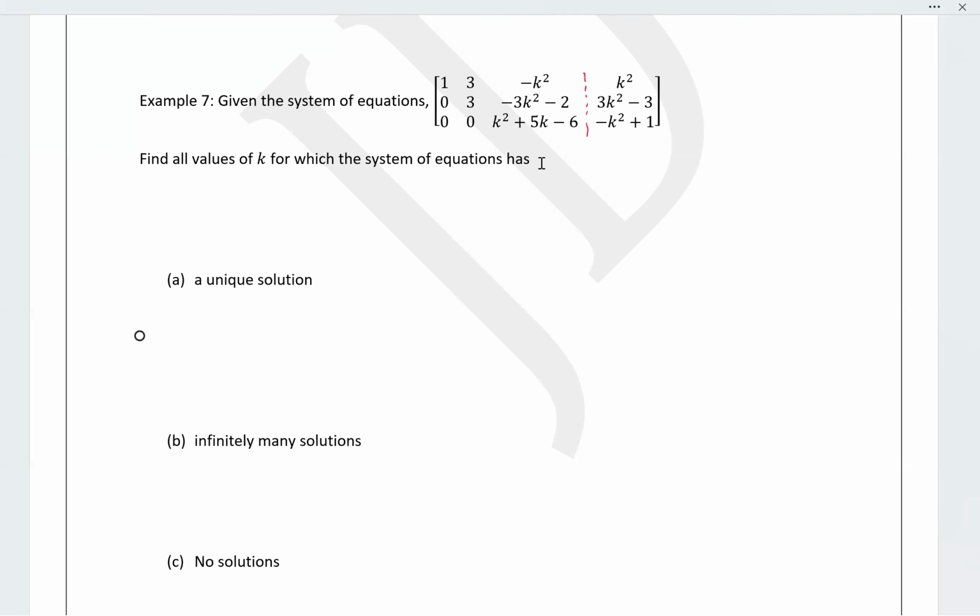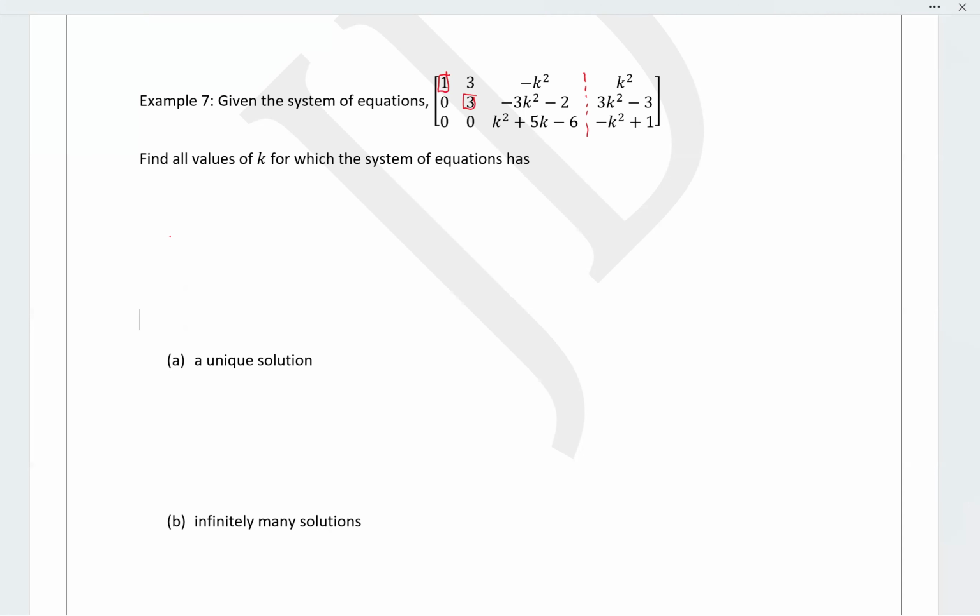We can convert to echelon form by doing the following, because this is 1 already here. This is 3, but it's okay to be 3, or we can convert it to 1. So let's first of all try to convert this to echelon form. This is 1, so this has to go to 1. So we can simply do 1 over 3 R2.